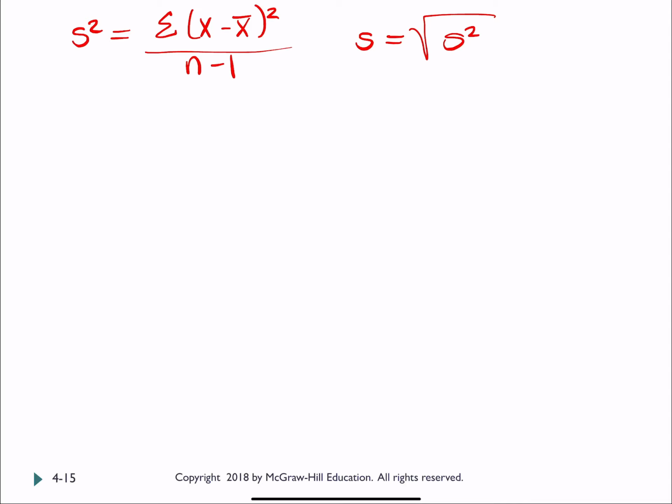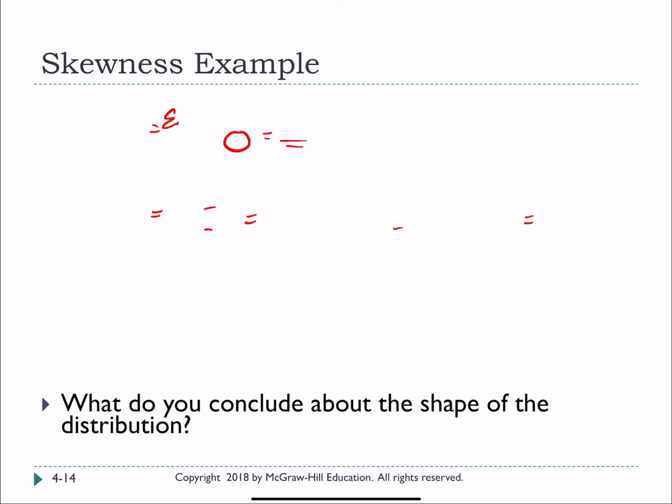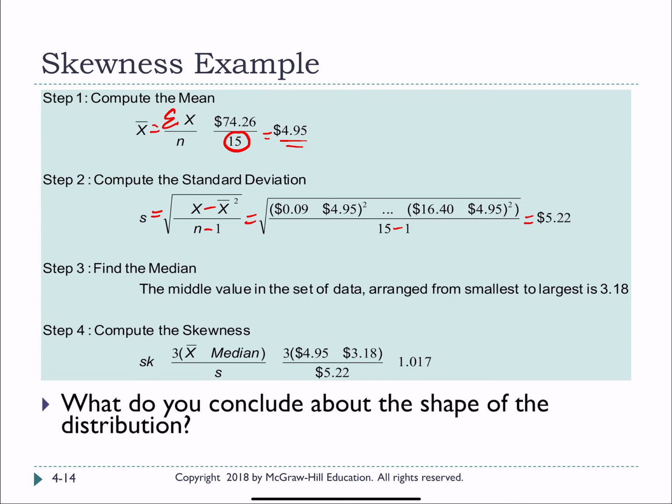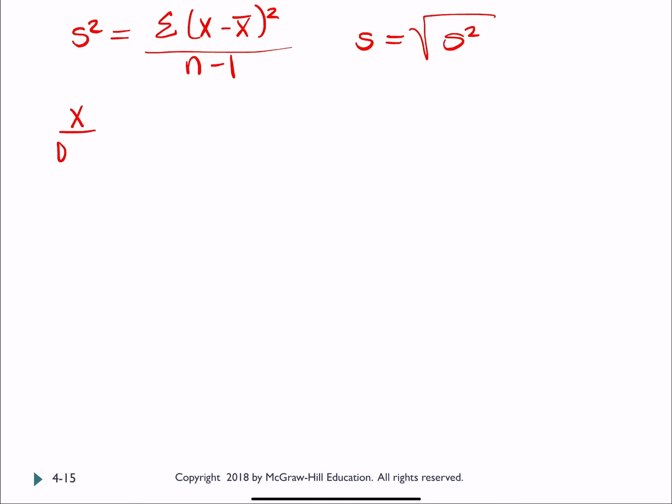Okay, so again, I'm not going to work this out, but what I would do here is start out with some columns, and I would have my x's. So if we go back over here, 0.9, 0.3, right? So 0.09, 0.13, all the way down through 15. And then in my second column, I would do the difference between the x and the sample mean.